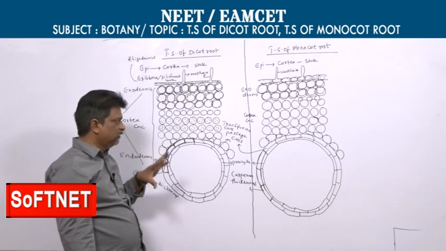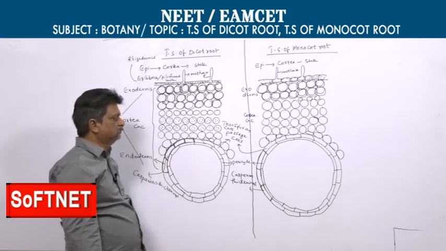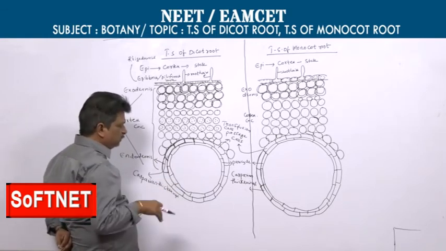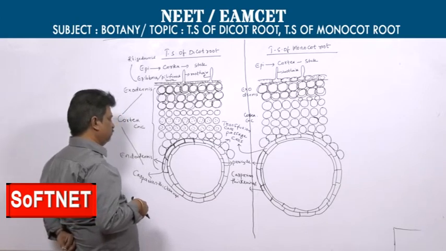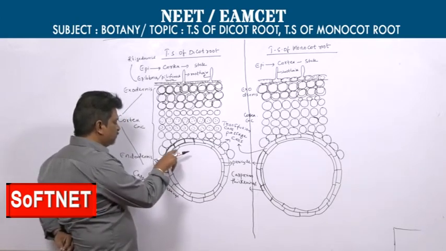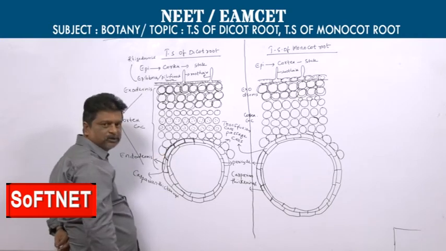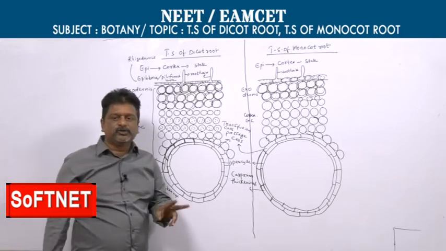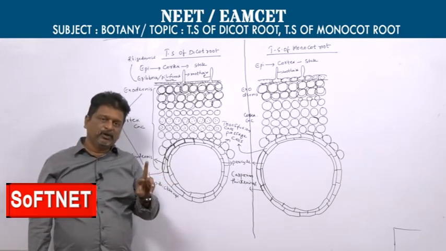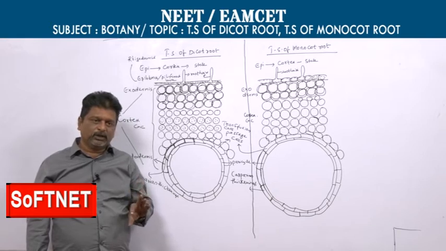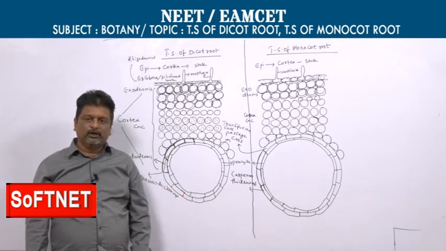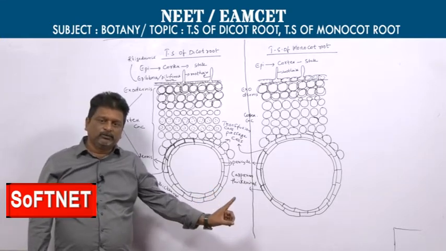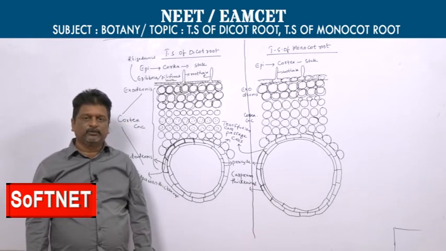Now, the first difference: in dicot root, even after maturity, this pericycle is parenchymatous and by dedifferentiation it produces cambium, meaning both cork cambium and vascular cambium. So in dicot root secondary growth takes place.